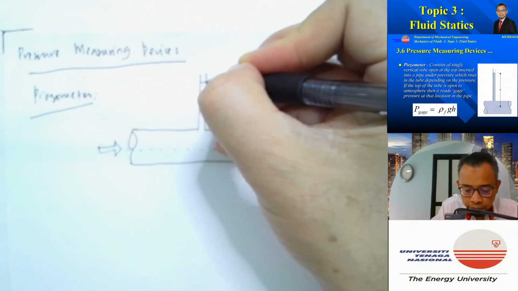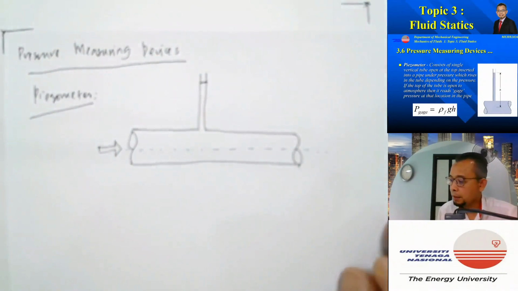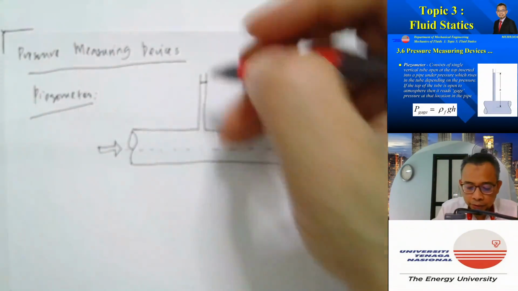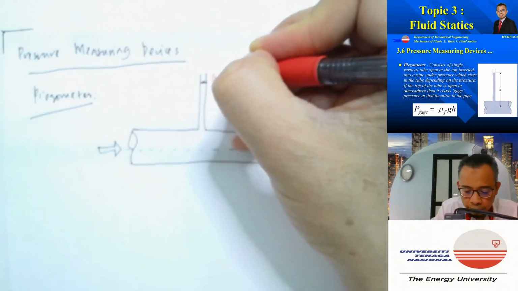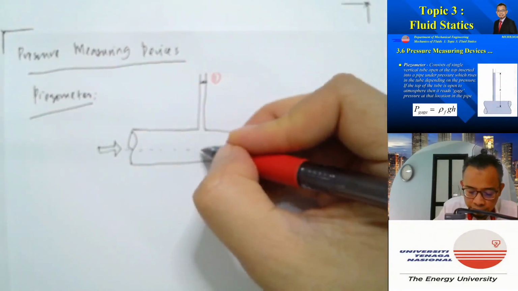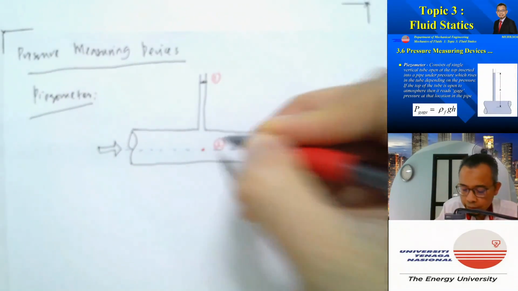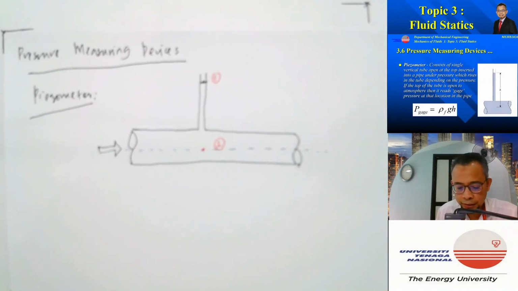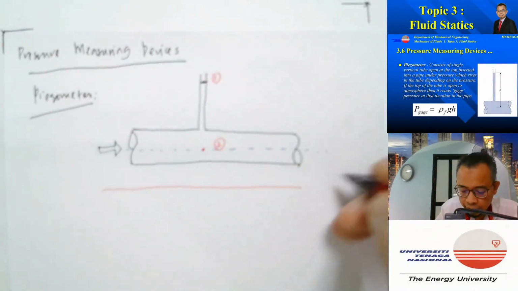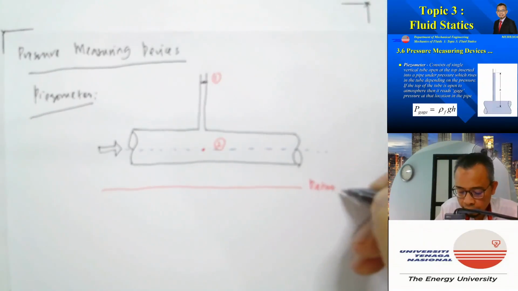And let's say the fluid level will rise up to that level. I'm going to call this point 1, top of the surface, and then point 2 is at the center of the axis. So if I define my datum, datum can be anywhere.